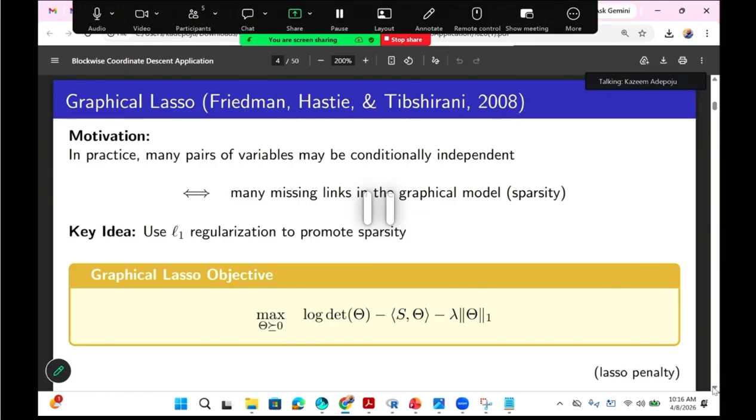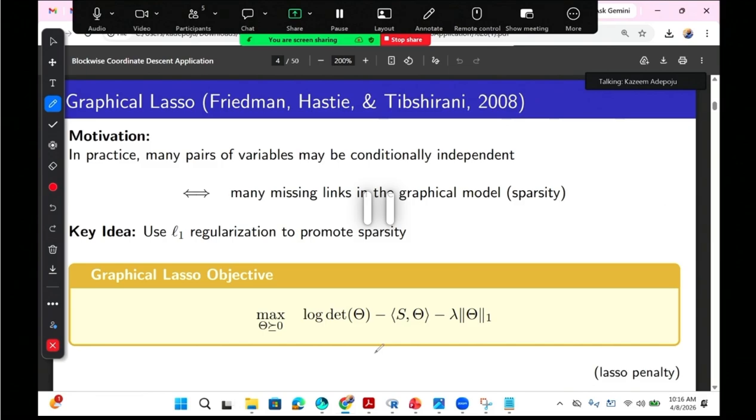The precision matrix is this guy here. When you plug in the precision matrix, simplify, and get rid of the constant, initially this is what we're going to have.